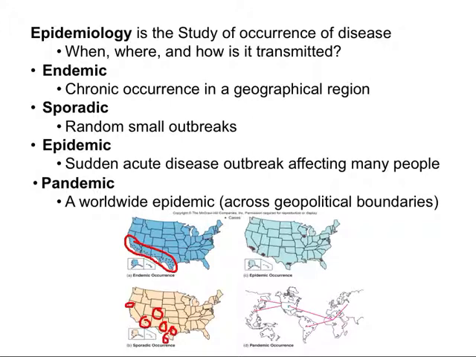An epidemic is when we have a sudden acute disease outbreak affecting many people in a particular region. We've got a large population here, a large population here, a large affected population here and here. Versus a pandemic outbreak is where we have a worldwide epidemic. So we span all across the globe.